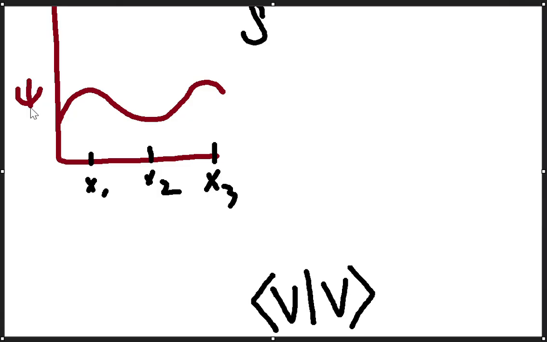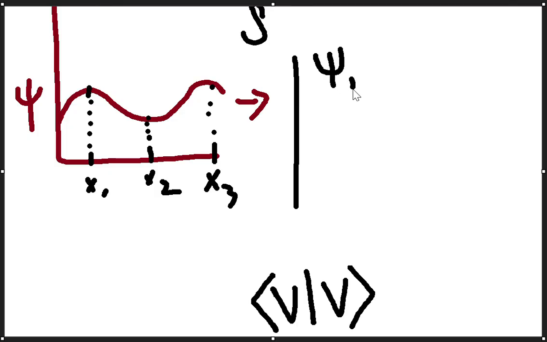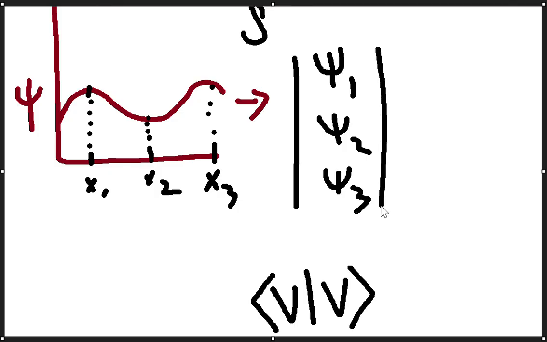And this wave function is called psi. You can see this bit is up here, this bit is here, and this bit is here. We can approximate this whole wave using psi1, psi2 and psi3. It's an approximation, of course, because in order to get a real wave, we'd have to have an infinite number of vector components. But we're just going to approximate it because that can make this easier.